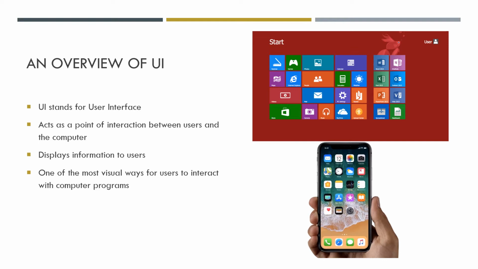We have the old Windows 8 UI, which was a big deal when it came out with the new tile format. And then, of course, an iPhone or an Android phone has a very well-known and well-used interface. The point of a GUI, or any UI really, is to display information to users from the program that they might not have otherwise had access to.